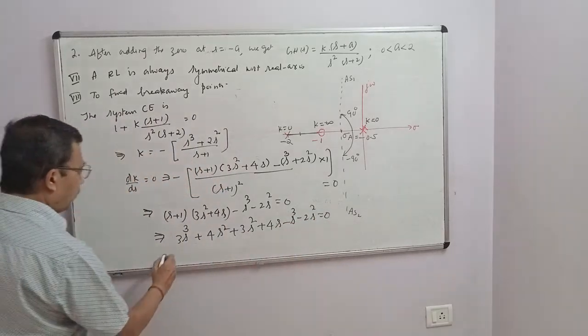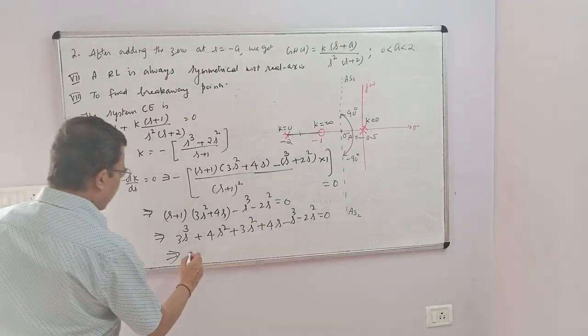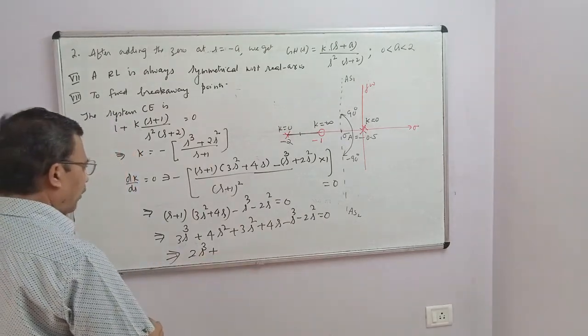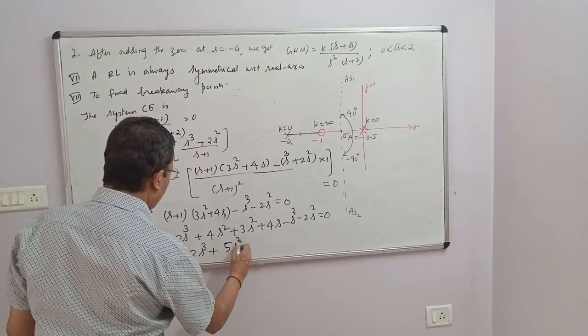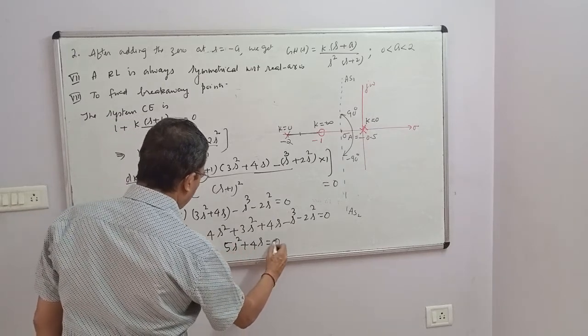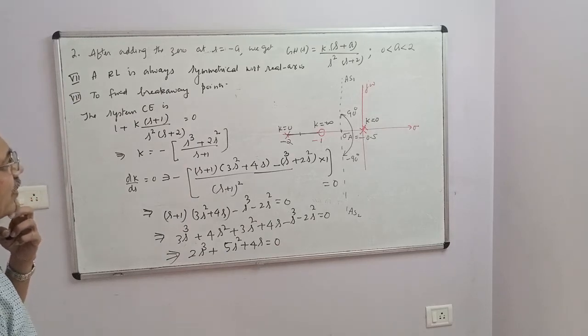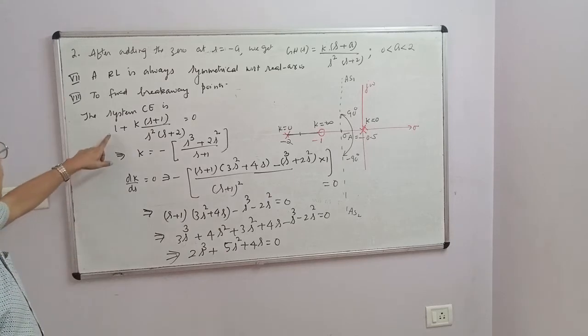So this becomes 2s cube plus 5s square plus 4s is equal to 0.